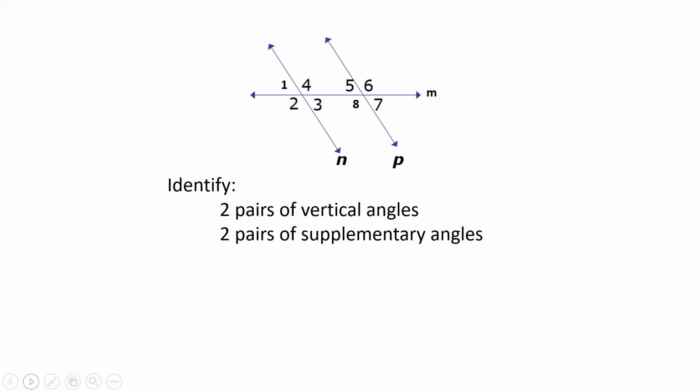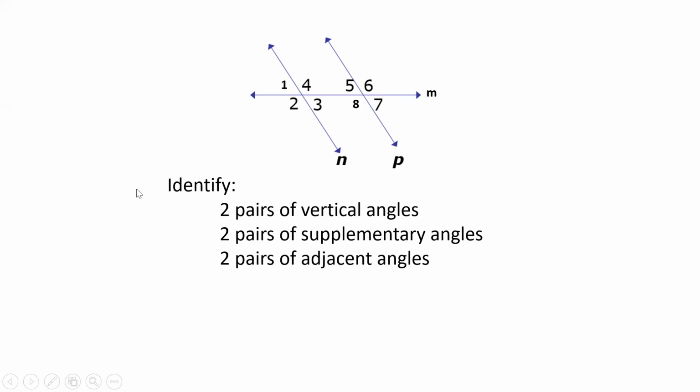All right, what about supplementary angles? Remember, 2 angles together that equal 180 are supplementary. So 1 and 4 are supplementary, 5 and 6, 2 and 3, 8 and 7 are supplementary, but also 1 and 2, 3 and 4, 5 and 8, and 6 and 7 are supplementary angles. Adjacent angles, actually every pair I just named are also adjacent.